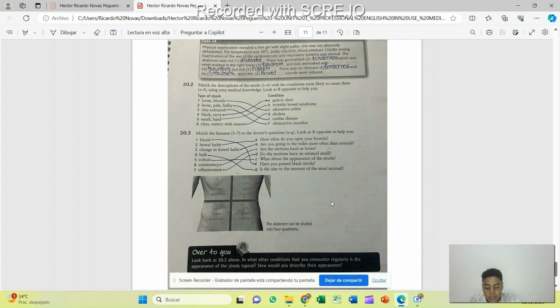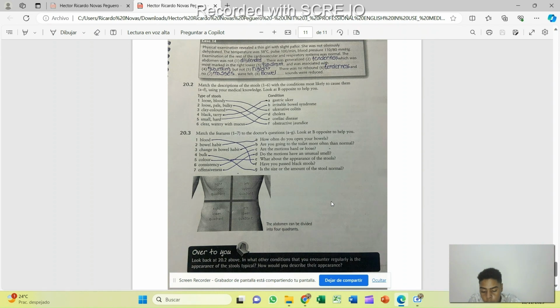20.2. Match the description of the stools with the condition most likely to cause them, using your medical knowledge. Type of stools and condition. 1.